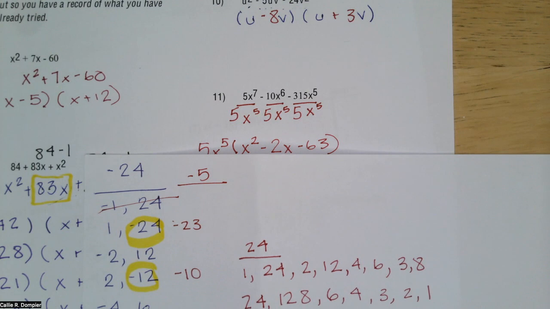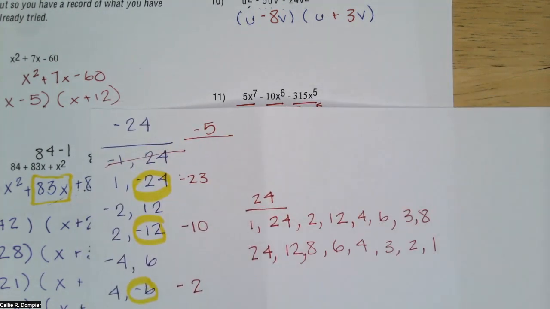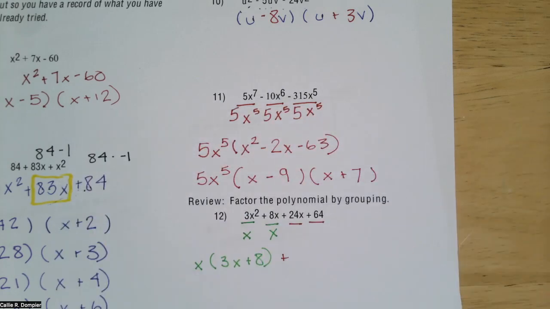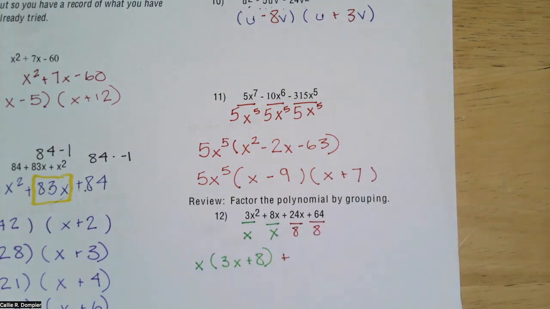No. 64, can I divide it by 12? No. 64, can I divide it by 8? Yes, 64 is 8 times 8. So I'm going to say our common factor is 8.